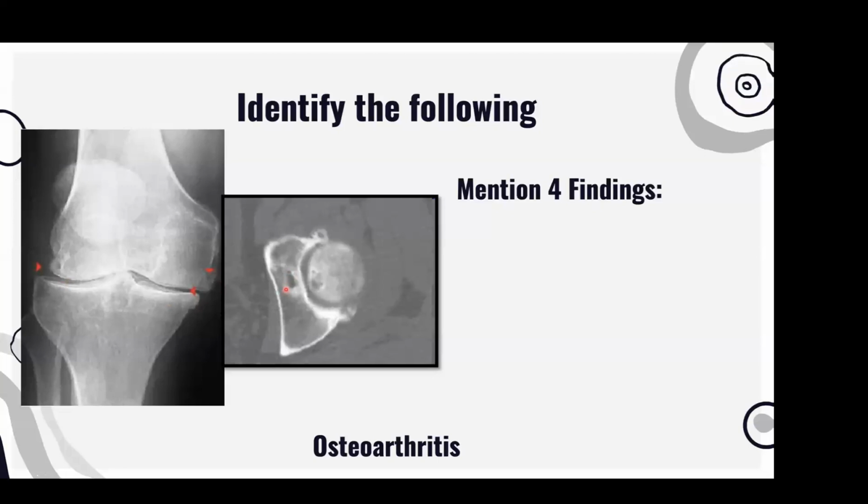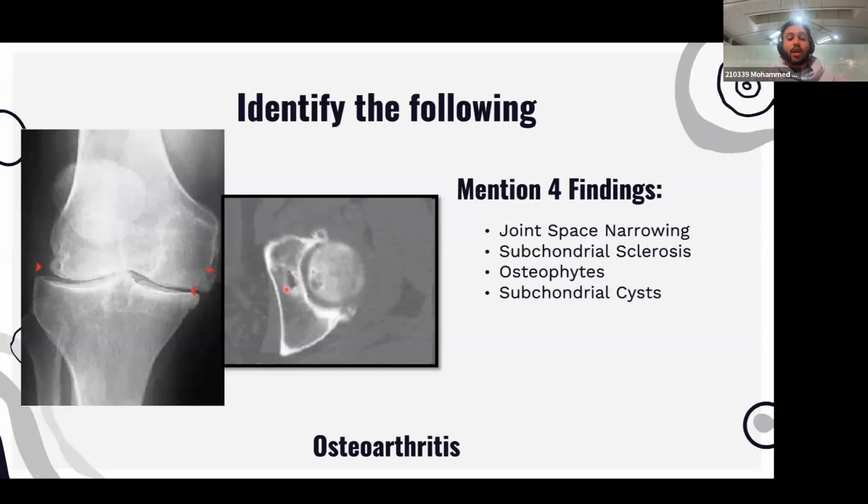Subchondral cyst, okay, perfect. These four are very important. It's going to come in your MCQ, in your SAQ, or in your OSPE. Know these four findings by heart. And the best mnemonic, as mentioned, is SONS.